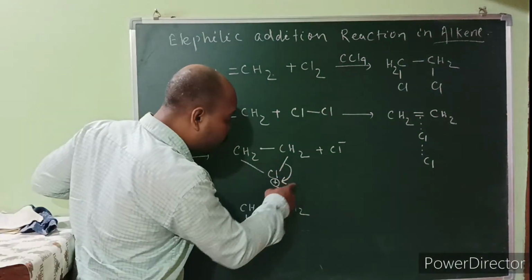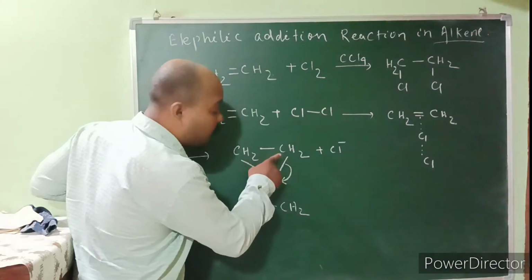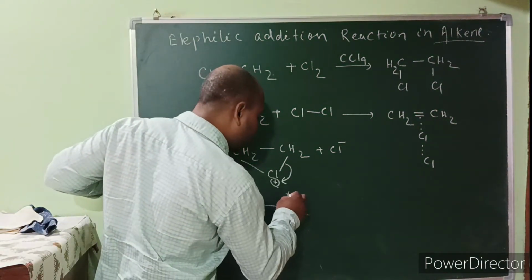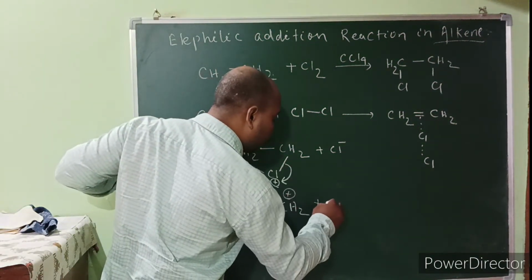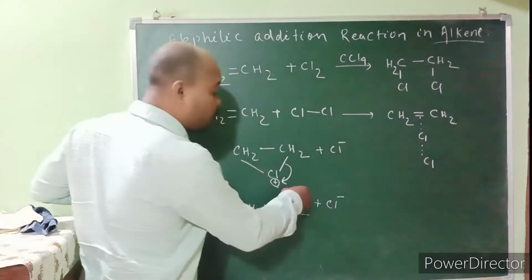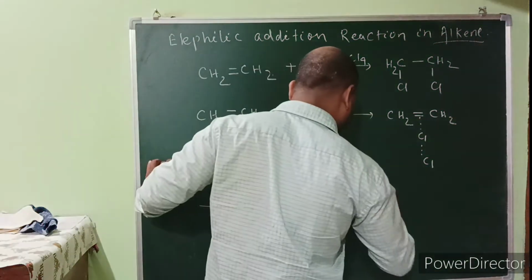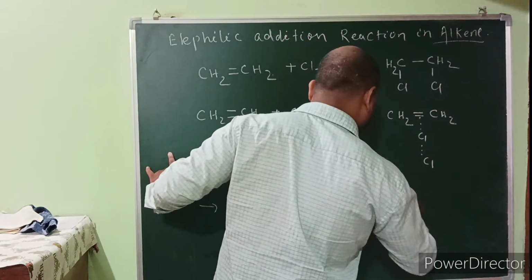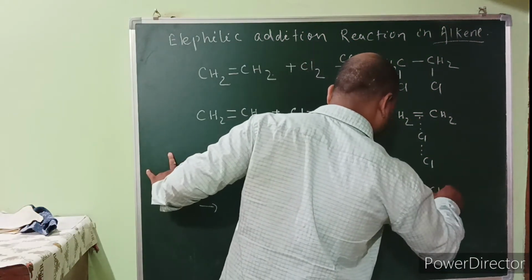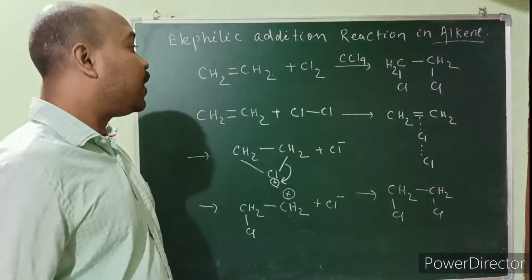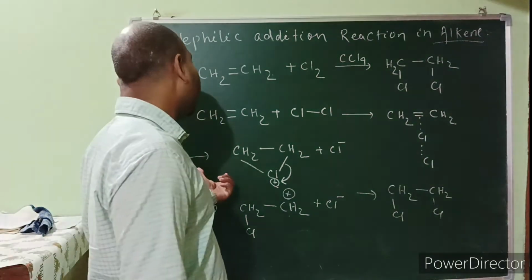So the electron density on this carbon decreases and it will be positively charged. Now this is positively charged, this is negatively charged, and this will attack here to form further compounds. This is our mechanism for symmetrical alkene.